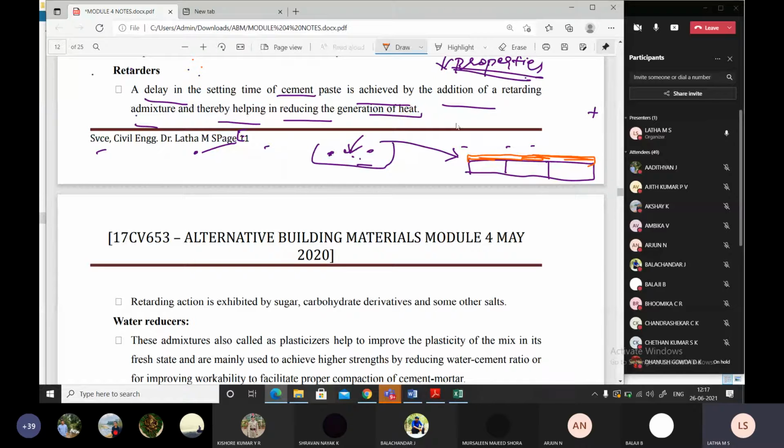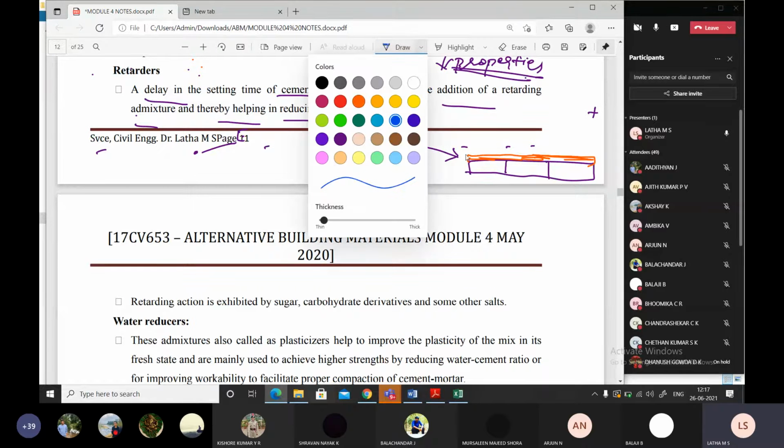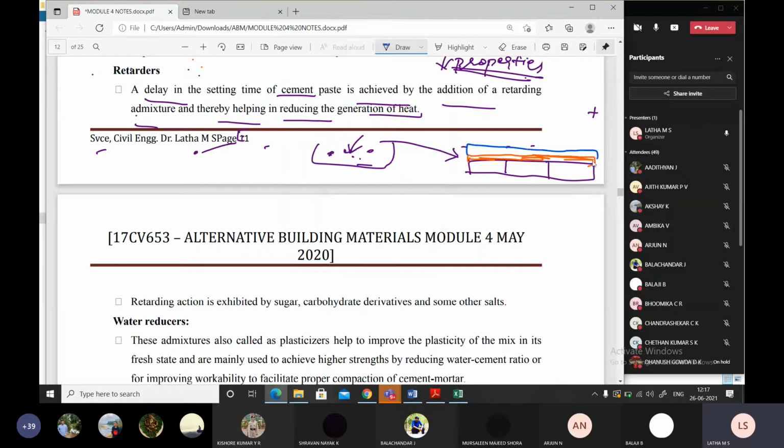Then again you have to go for construction of the masonry. Correct? So during this process, the time lapsed in constructing the course, then adding the bed joint, then constructing the course, in that time this mortar, whatever we have made, should not set. So what should be the time of initial setting?